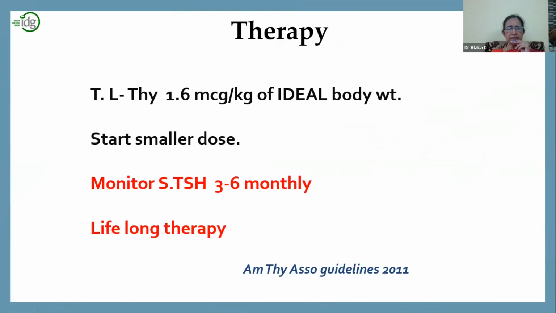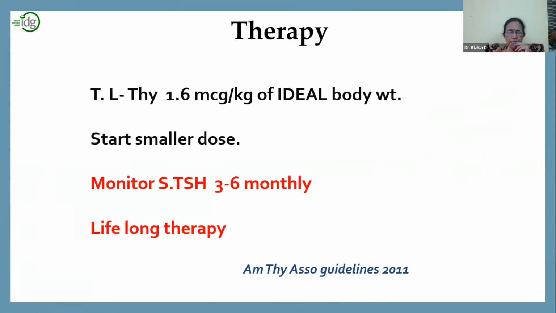What is the therapy? Therapy is replacement therapy because thyroid is not functioning and we have no medicine to stimulate that thyroid because thyroid has failed, primary failure of the thyroid. And therefore, whatever hormones thyroid is secreting, we have to give. And the best is to give thyroxine, not T3, because T3 behaves a little erratically.